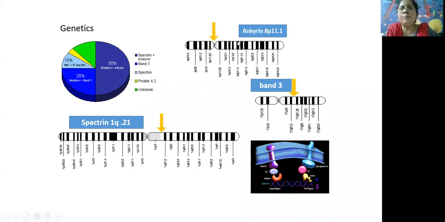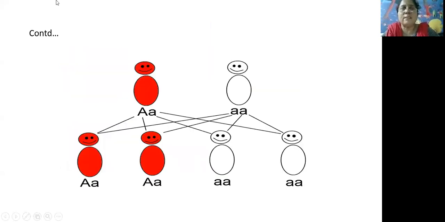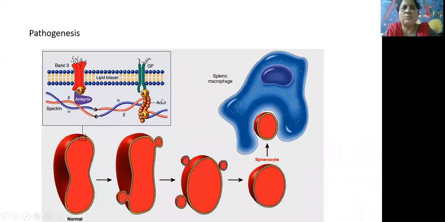These gene mutations are the common ones, and it is autosomal dominant in 75%, 25% recessive. So autosomal dominant will be passed on to the progeny. Remember that. So what is the pathogenesis? You remember the osmolarity and other things. This is a normal biconcave cell, and there is passing in and passing out of fluids.